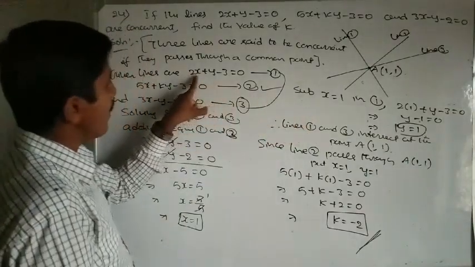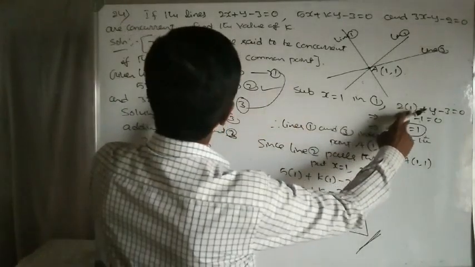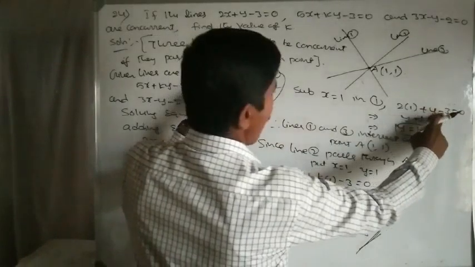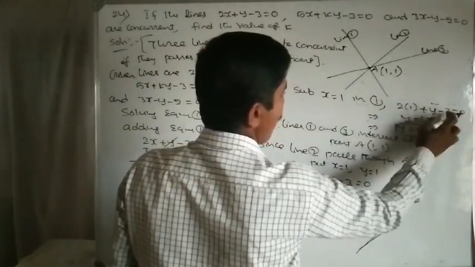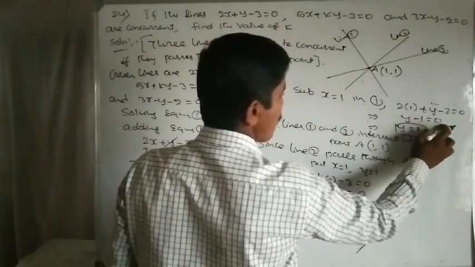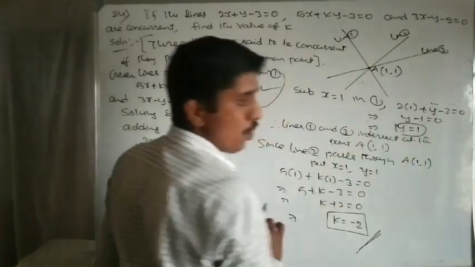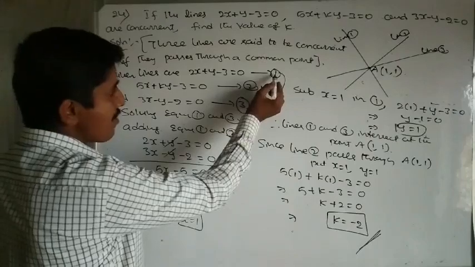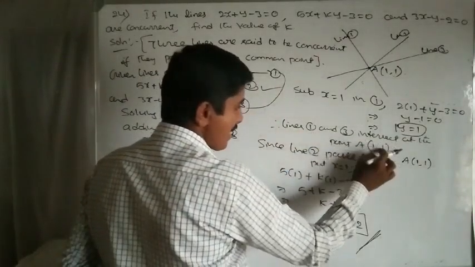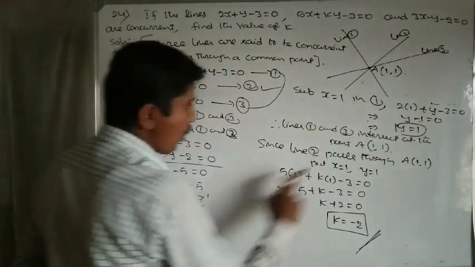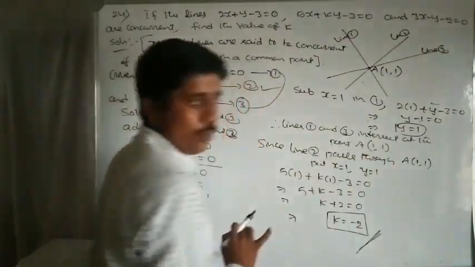In equation 1, 2 into 1 plus y minus 3 is equal to 0. y plus 2 minus 3 is minus 1, then y is equal to 1. Therefore, lines 1 and 3 intersect at the point where x is equal to 1 and y is equal to 1.